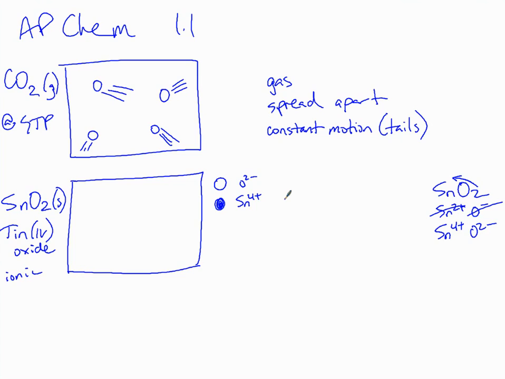And this one's not quite like sodium chloride would be. They need a little more space, and so it ends up looking something like this. So this tin has 2 oxygens, and this tin has 2 oxygens, and so on.